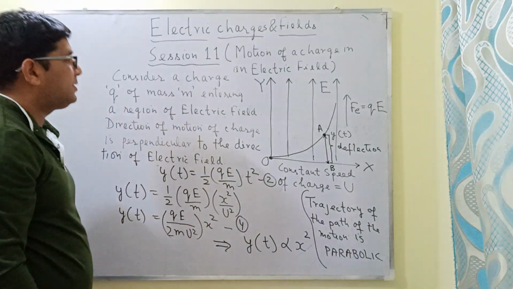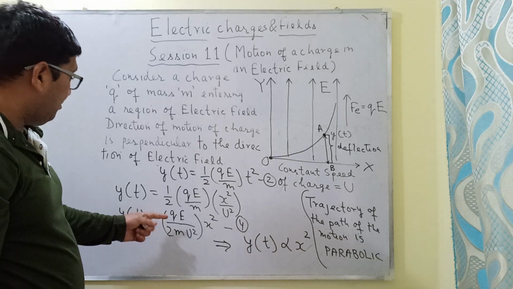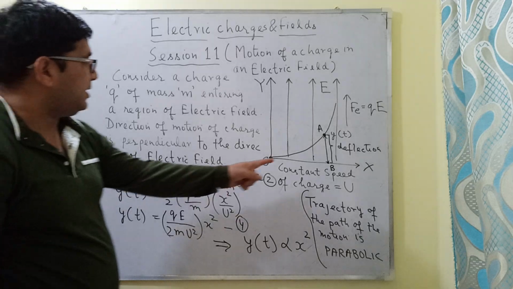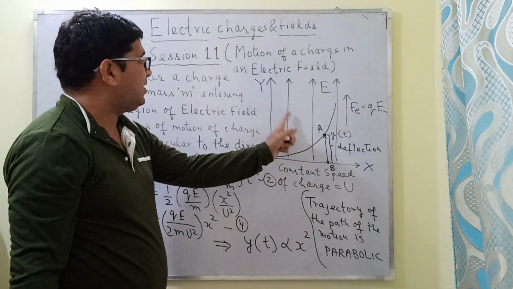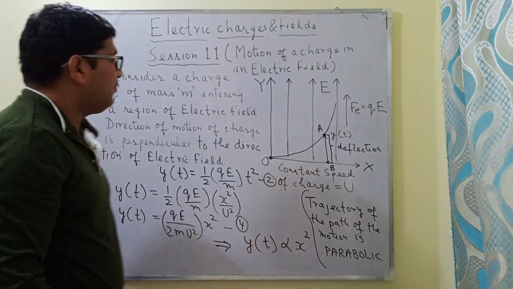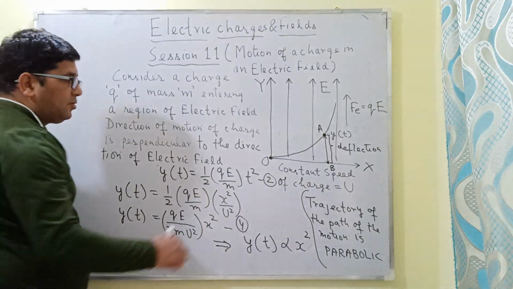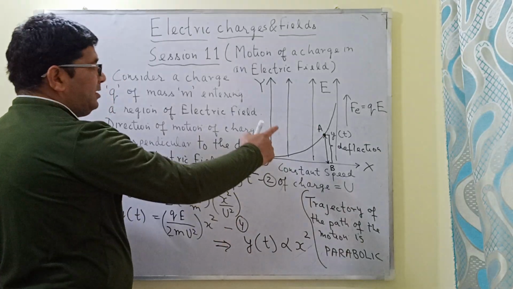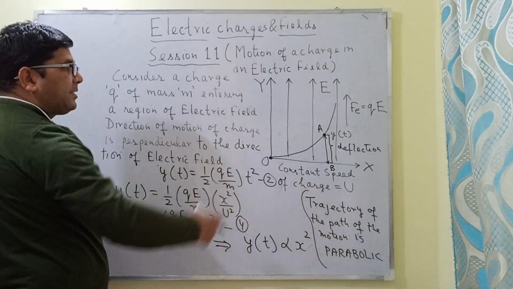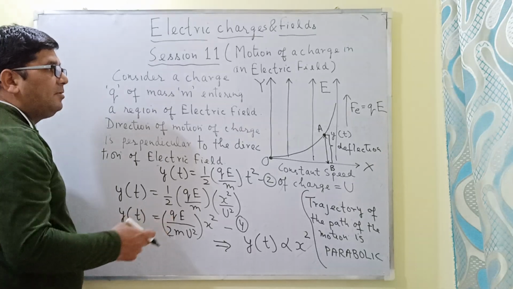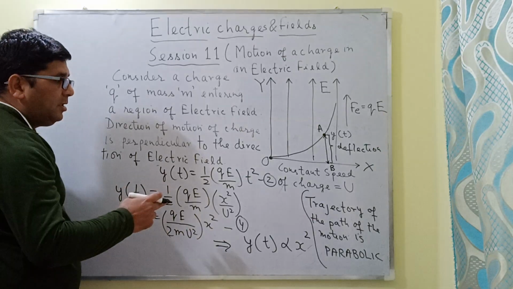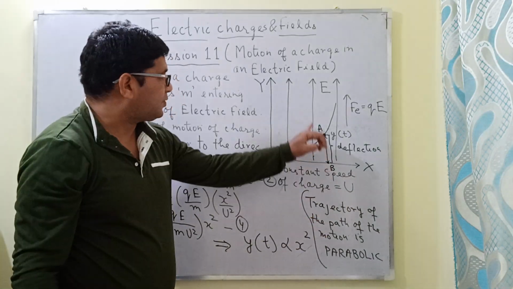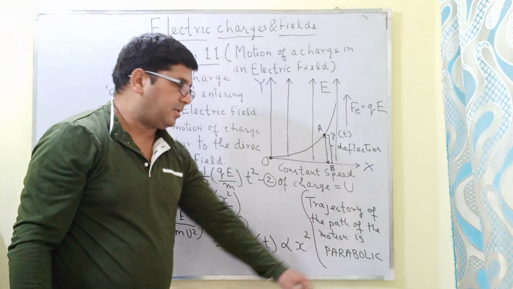This is how we can find the displacement of a charge when it enters an electric field and the electric field is perpendicular to the direction of motion of the charge. So when the charge enters an electric field whose direction is perpendicular to the direction of motion of the charge, then the trajectory or the path of motion of the charge will be parabolic.